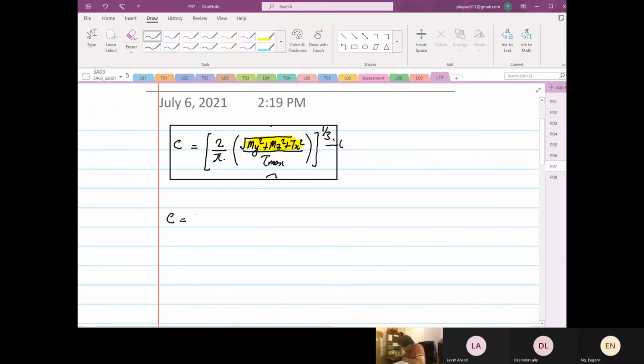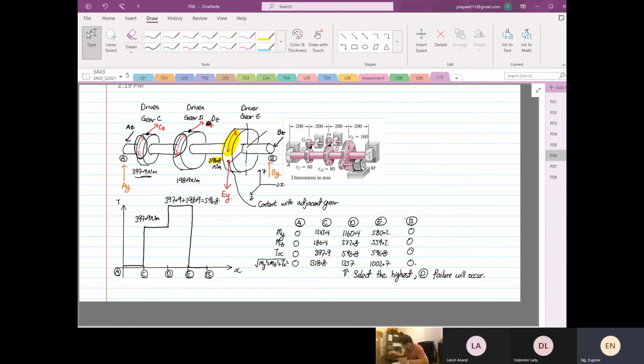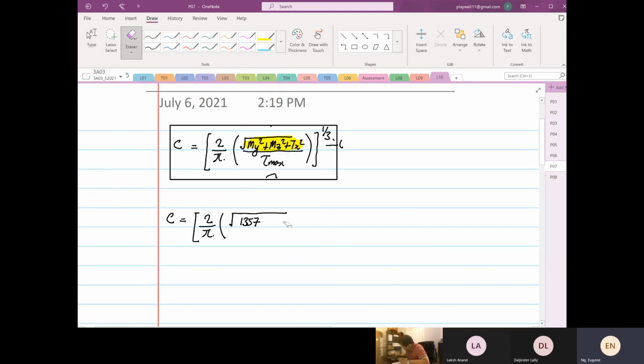So C is equal to 2 over pi, and then we are going to square root of... what was it? Is it 1357? Yeah, 1357. Oh no, I think the 1357 is already square rooted already. So this is just 1357.